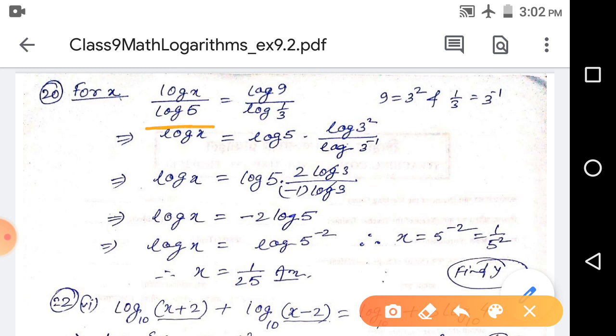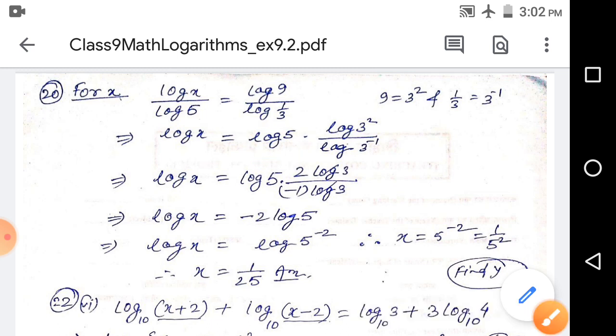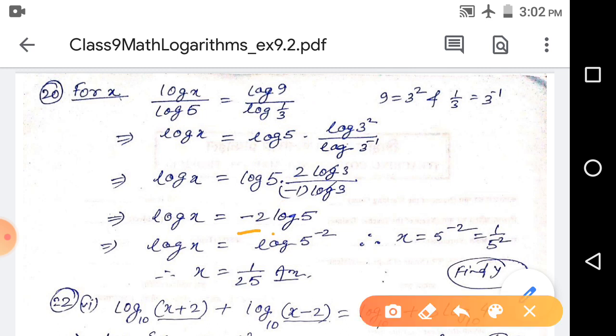Remember there is a log 5, so this log 5 is multiplied here. Now this is log 5 into 2 by minus 1, and 2 by minus 1 means minus 2.